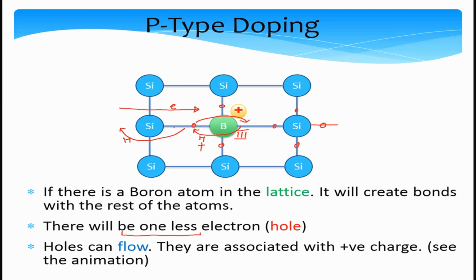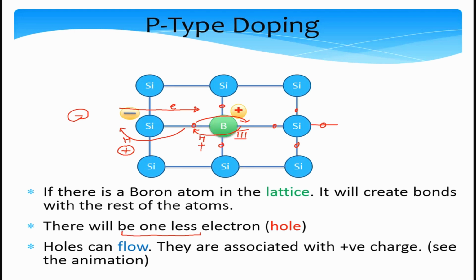For example, if I apply a strong negative charge, that will repel electrons away from it. So the hole can then flow towards the negative terminal, which means electrons are flowing in the other direction. The hole is conceptually associated with positive charge.